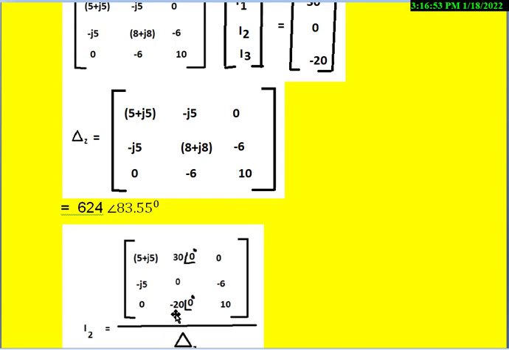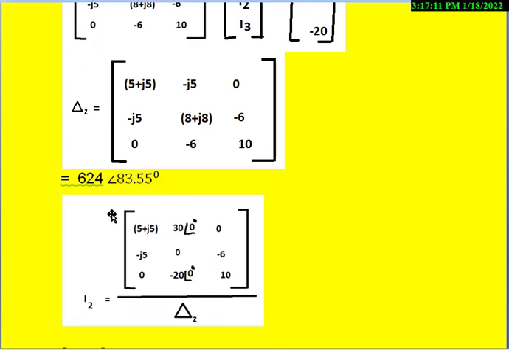I2 is nothing but equal to, we replace the second column with the right hand side matrix. So we get like this: 5 plus j5, 30, 0; minus j5, 0, minus 6; 0, minus 20, 10.